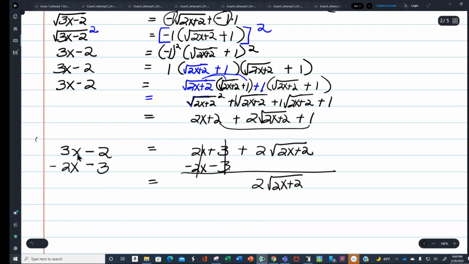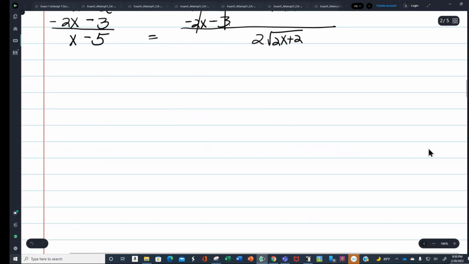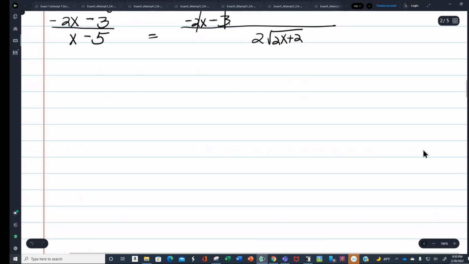Over on the left, 3x minus 2x is 1x. And if I subtract 2 and then subtract 3, that means I've subtracted 5. Or you can look at this as negative 2 plus negative 3 is negative 5. Okay. There's no GCF I can get rid of.